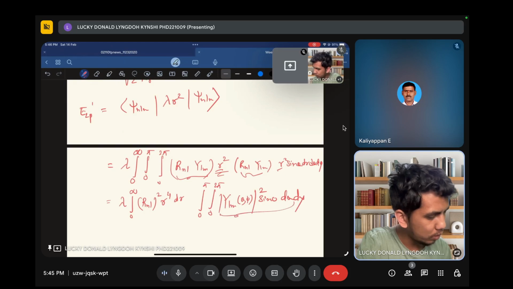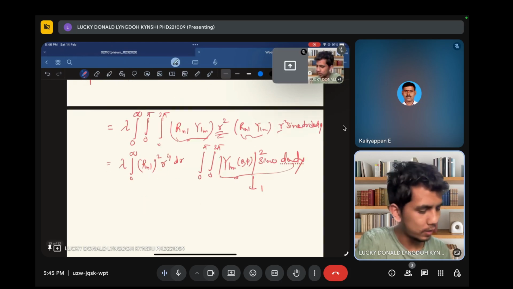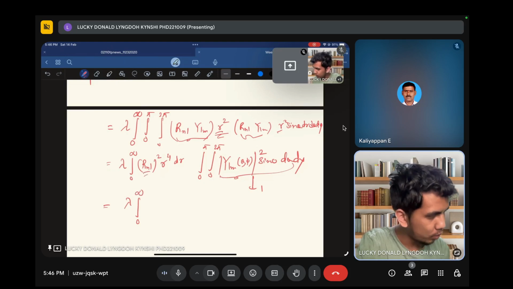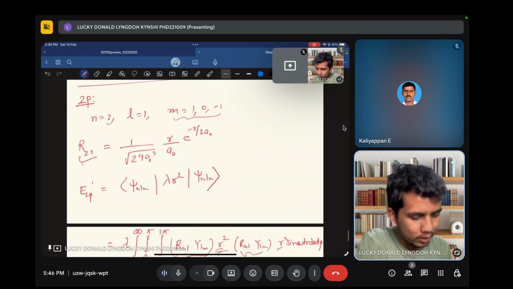This term usually goes to 1, so you don't even need to solve that integration. That means you require only lambda times the integral from 0 to infinity of R n l, which here means R21.